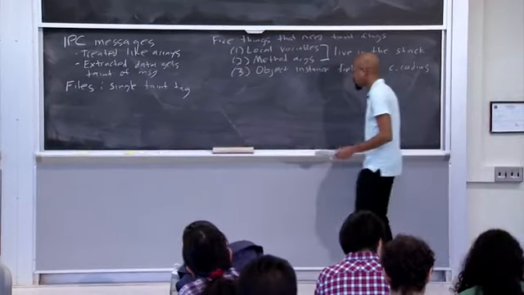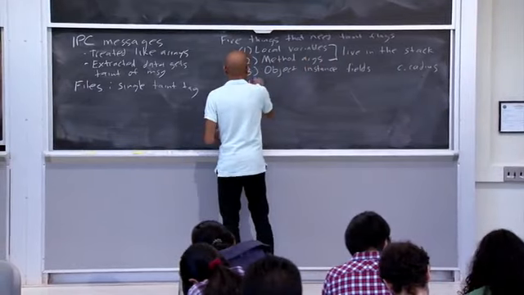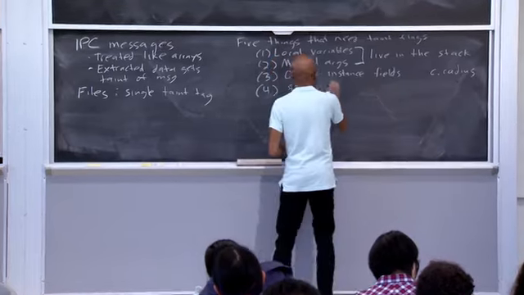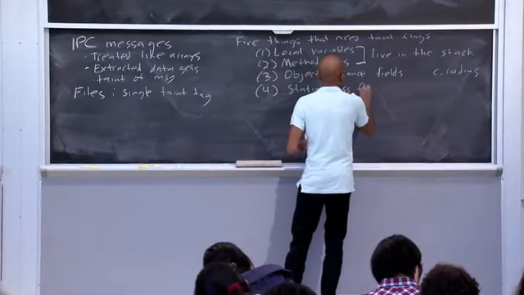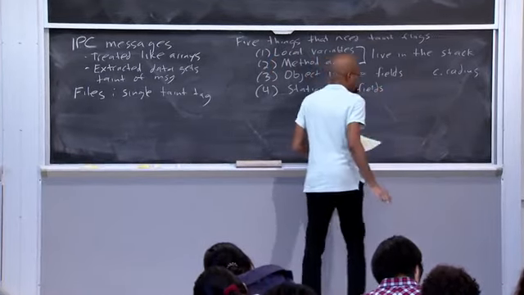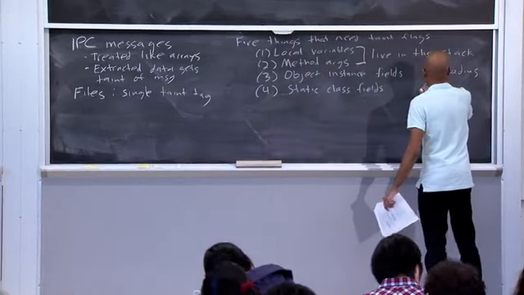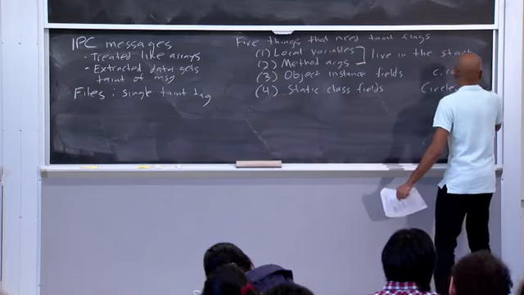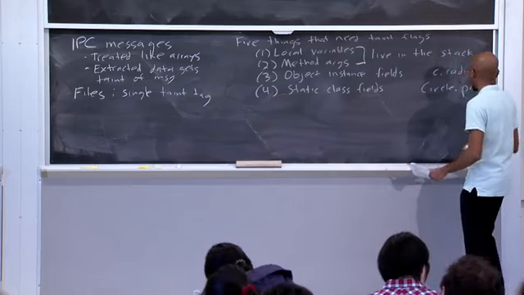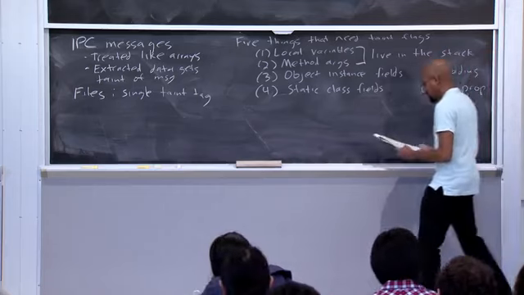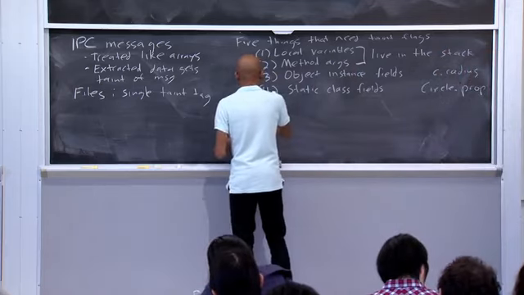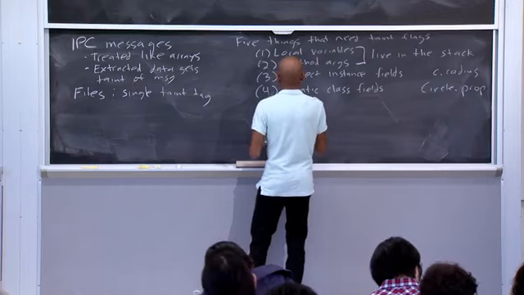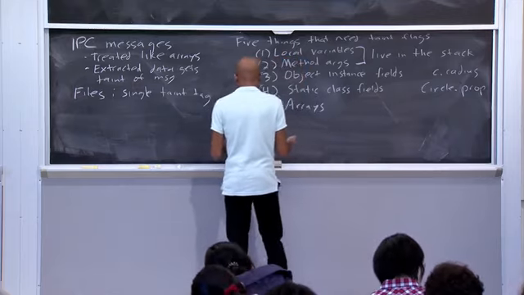Java also allows you to have static class fields, and so you need taint information for those. This is saying something like, for example, circle dot some property. We'll assign some taint information there. And then arrays, as we've already discussed before, we'll assign one piece of taint information per entire array.